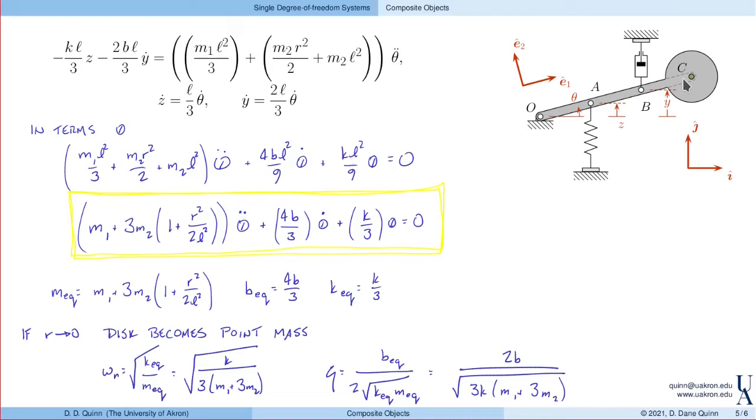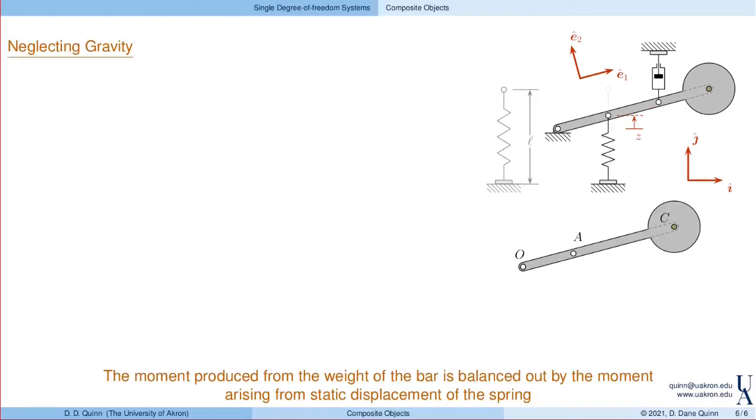To finish this off, I'd like to talk a little bit more about neglecting gravity and kind of why we can do that in this problem. So to start off with, we need to talk about, right, the weight of this object.